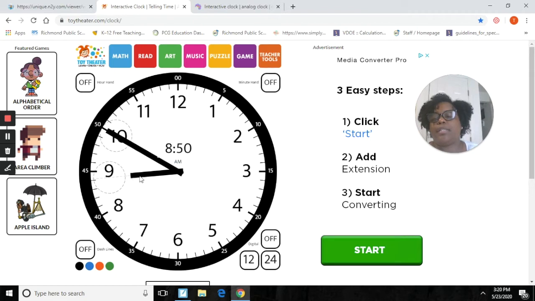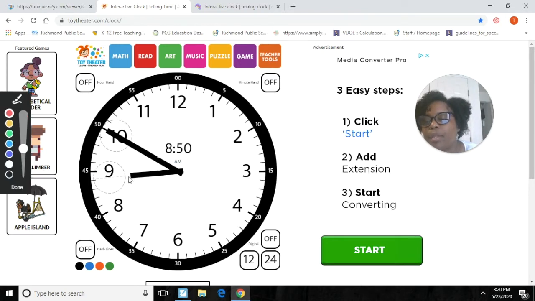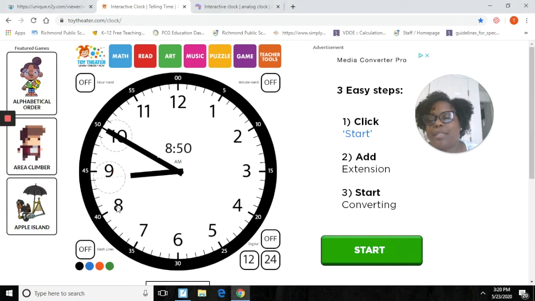It is 8:50. Why is it 8:50? Because see, that hour hand is not all the way on that 9. If we look right here and we follow our line, it's right under the 9. In order for it to be the 9 o'clock hour, that hour hand needs to be pointing directly to the 9, and that's not what it is doing. So it is still the 8 o'clock hour.